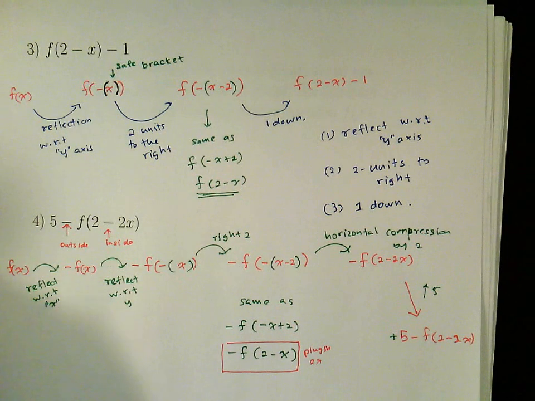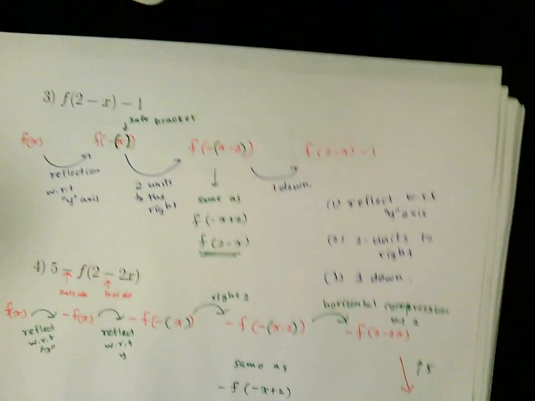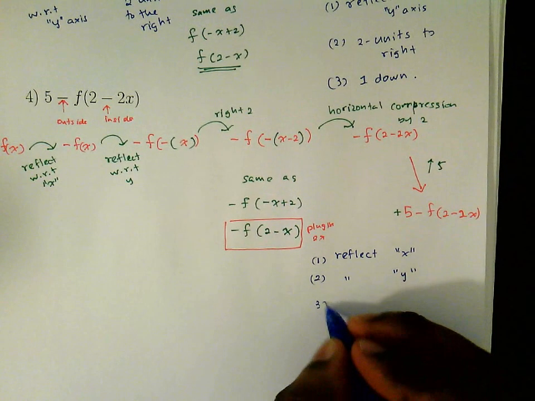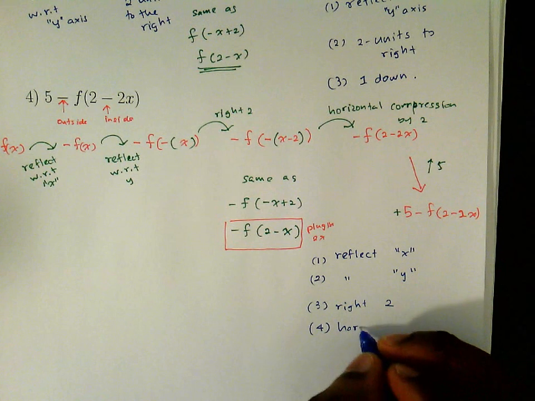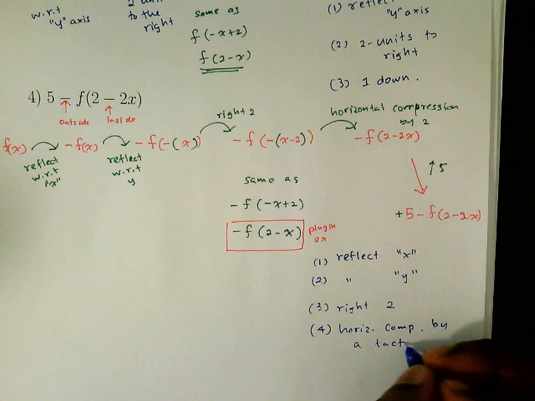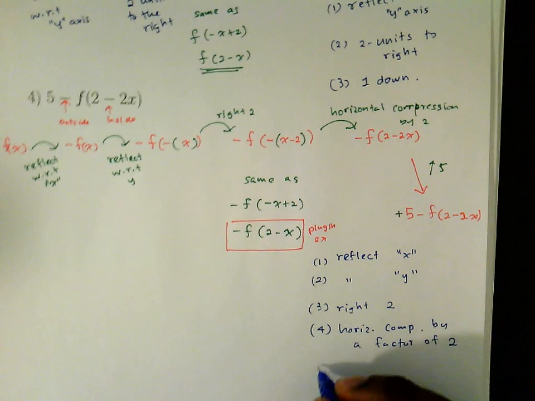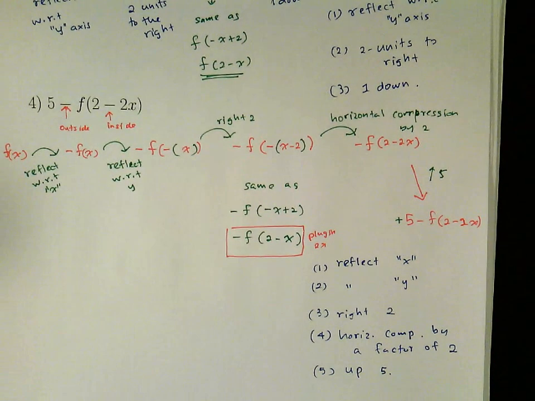So the transformations in order to get this function would be reflect with respect to x, reflect with respect to y, right 2, and then horizontal compression by a factor of 2, and lastly up 5.